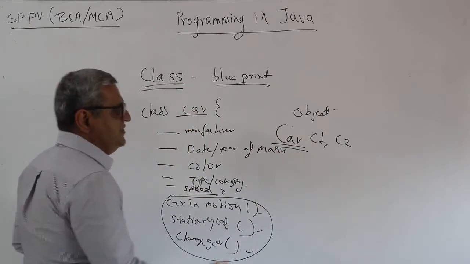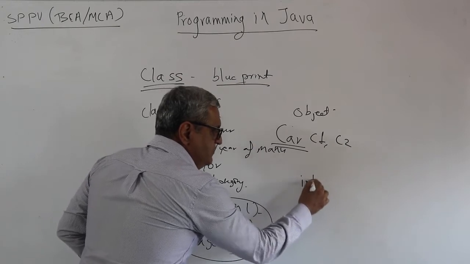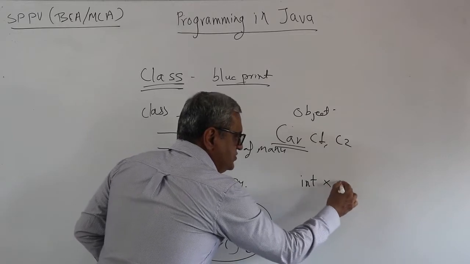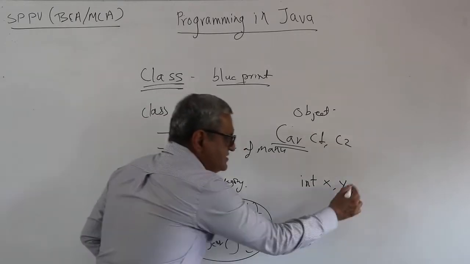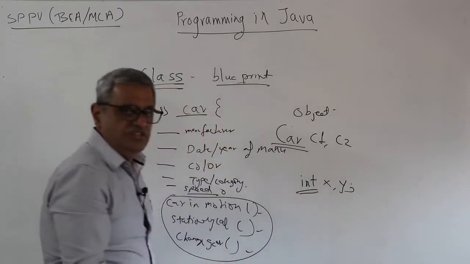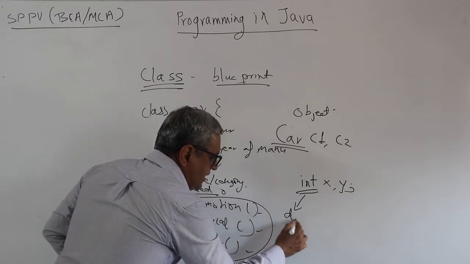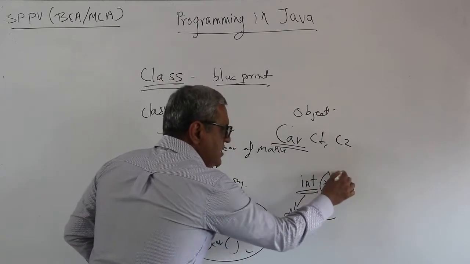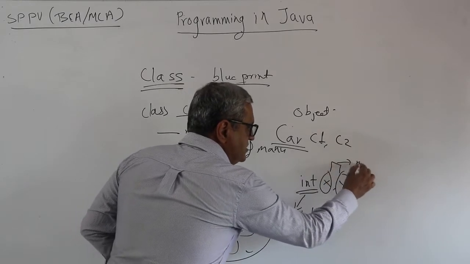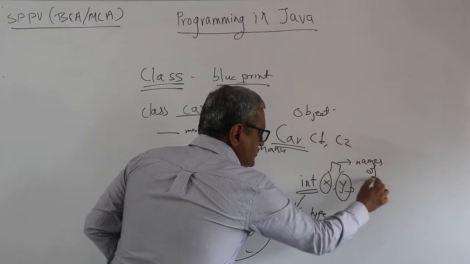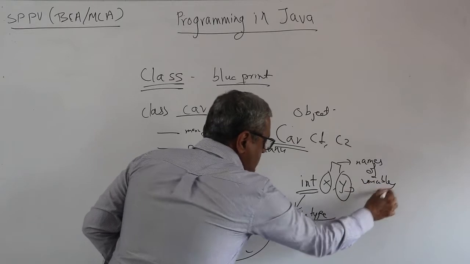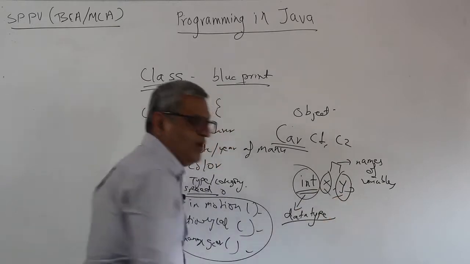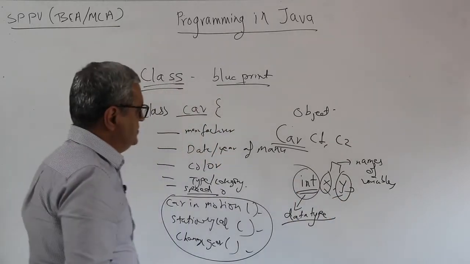If you see the elementary variable, say if I have to define a variable of type integer, if I define two variables x and y, int is nothing but my data type, and x and y are the names of my variables.